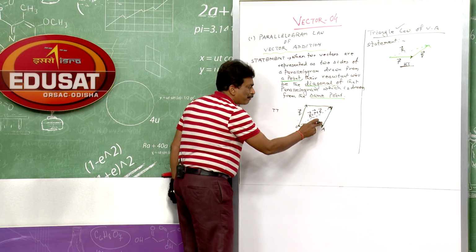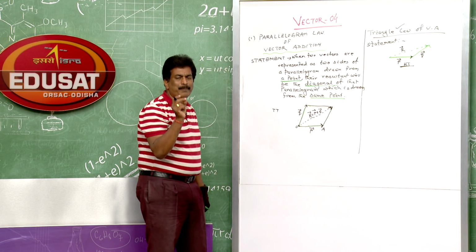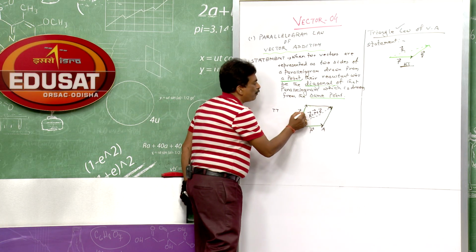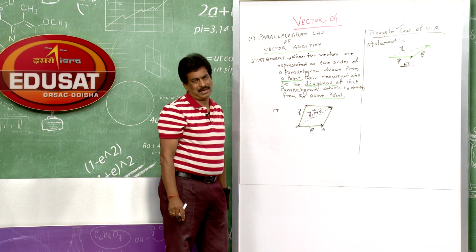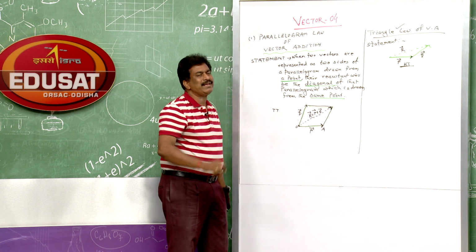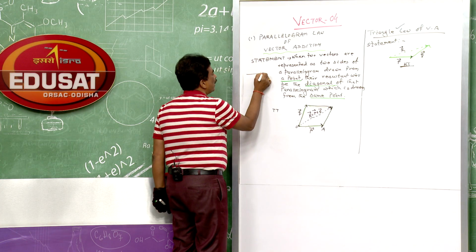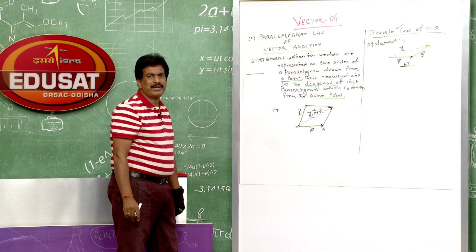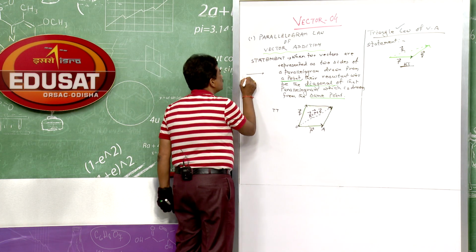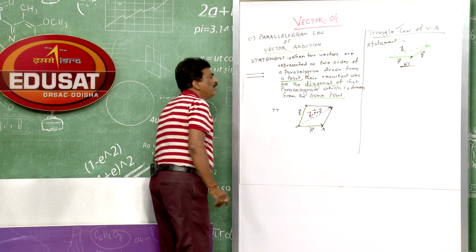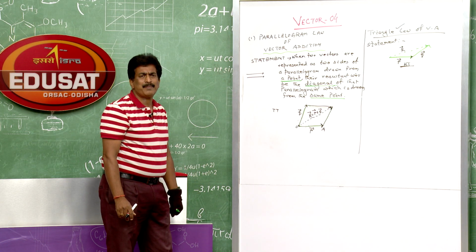And though this is a parallelogram, according to the property of the parallelogram, the opposite sides are equal. So, when two vectors are equal, I said, suppose this is one vector and this vector is equal with which one? With the same type of vector, with the same direction and the same magnitude.